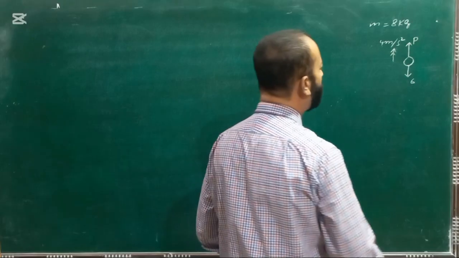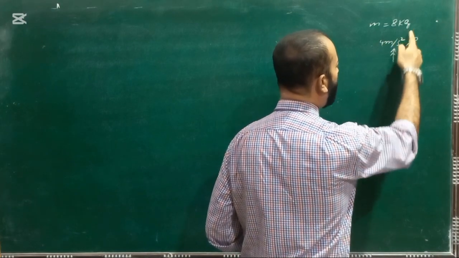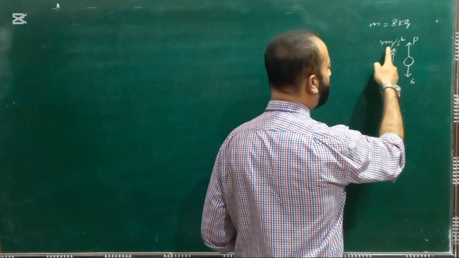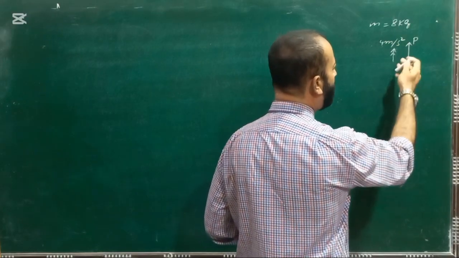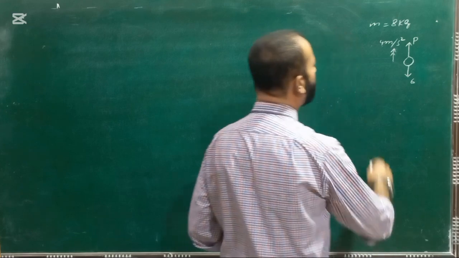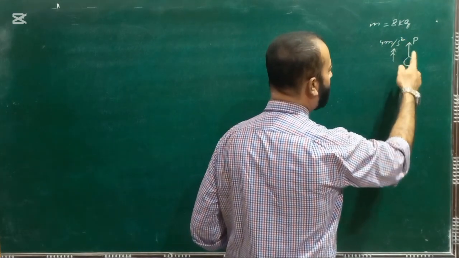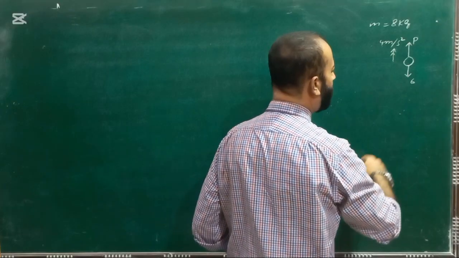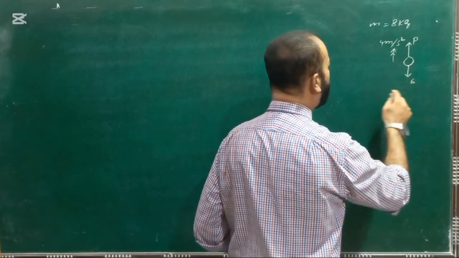So here is a question. It is given that the body's mass is 8 kilogram and acceleration is 4 meter per second square in upward direction, and the requirement is to find the value of P. So M is given, and 4 meter per second square acceleration is given. So we will find the resultant force.